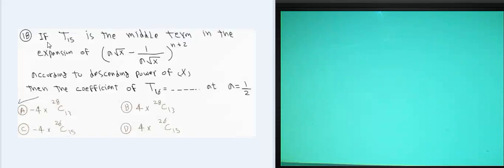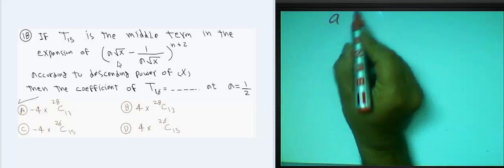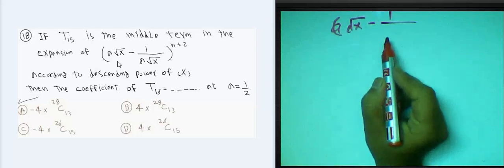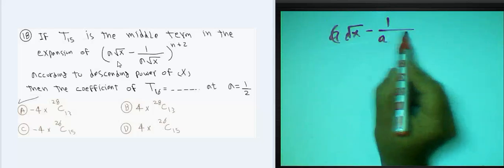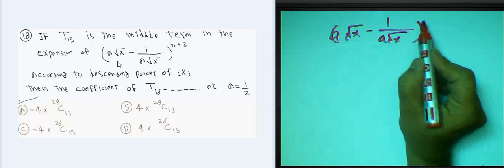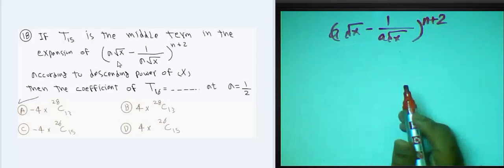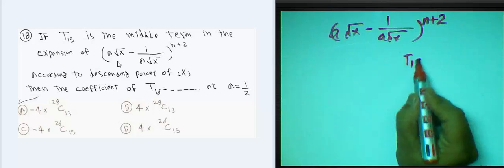Question 18. If term 15 is the middle term in the expansion of (a root x minus 1 over a root x) to the power n plus 2, he tells us the middle term here is term 15.